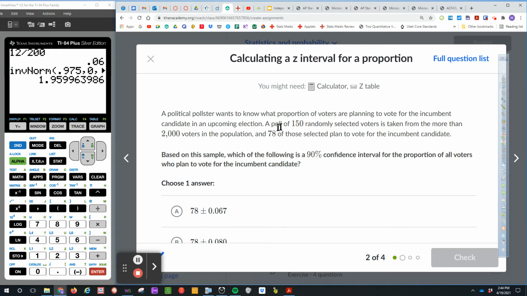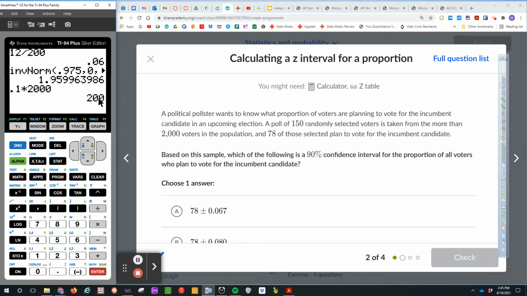So in this case, a poll of 150 randomly selected voters is taken from the more than 2,000 voters. And 78 of those selected plan to vote for the incumbent candidate. By the way, 2,000 voters in the population. What is 10% of 2,000? 10%, well, it's 0.1 multiplied by 2,000, right? 200.